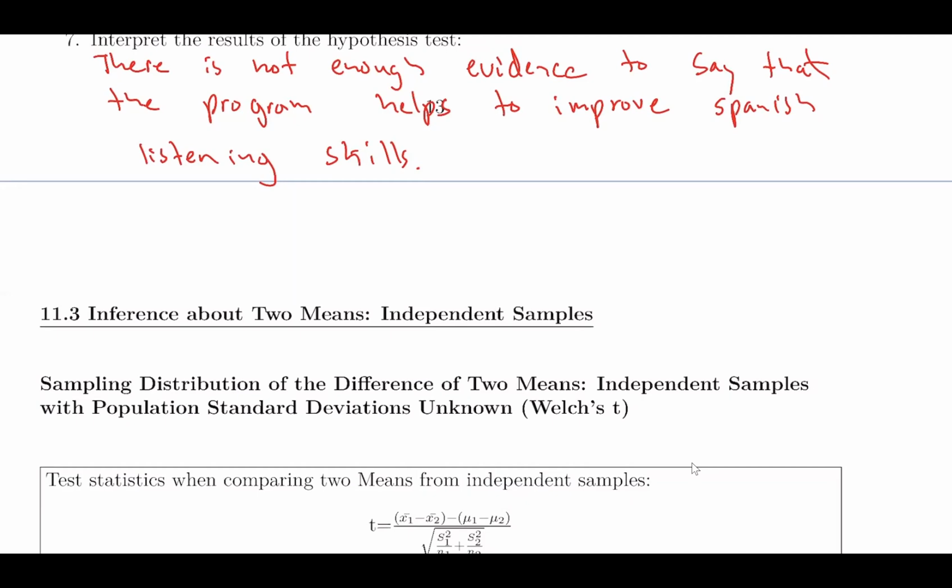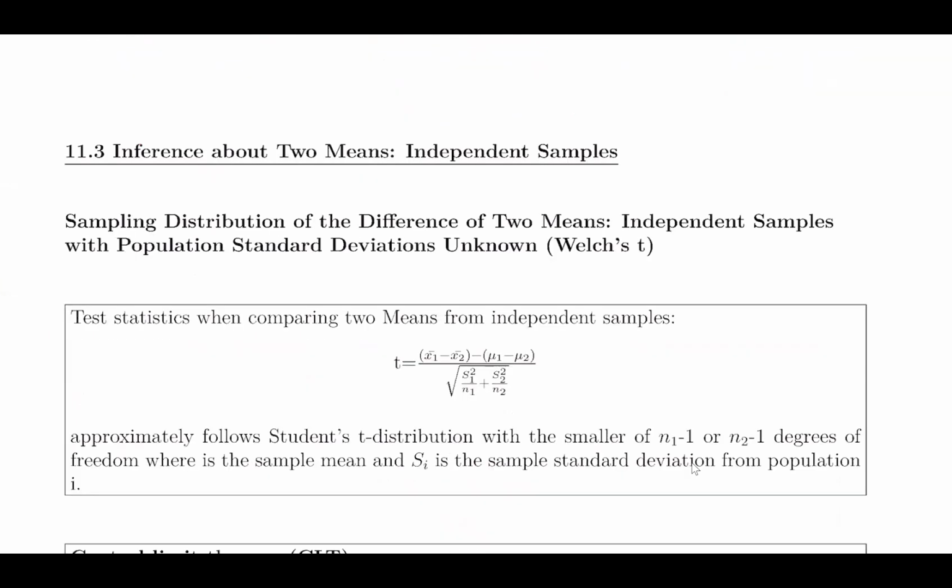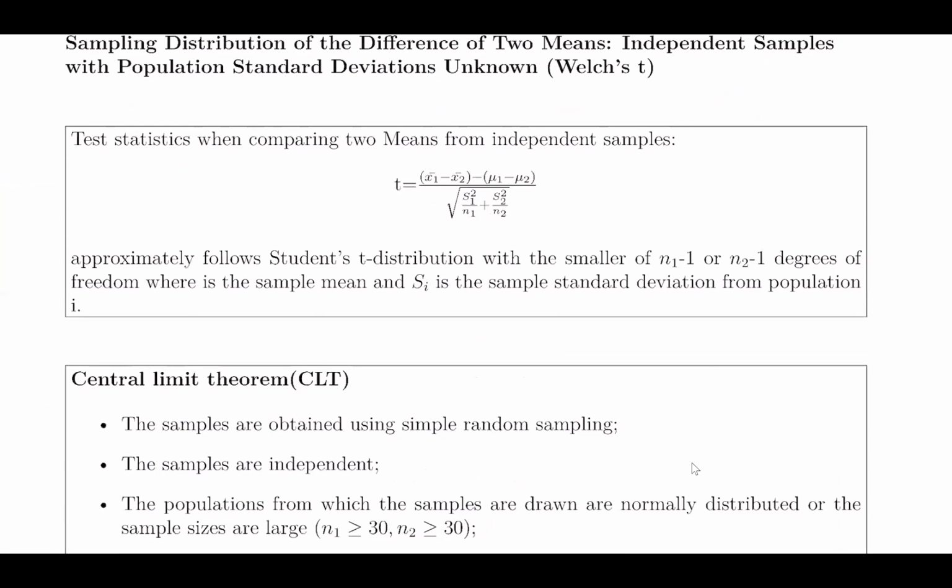All right, so up next we're gonna get into 11.3. For 11.3, we're gonna be doing inference about two means, but now they're gonna be independent data sets. So the way they collected the two samples, they were independent from each other. So here is our test statistic.